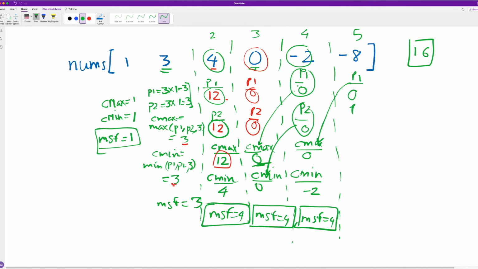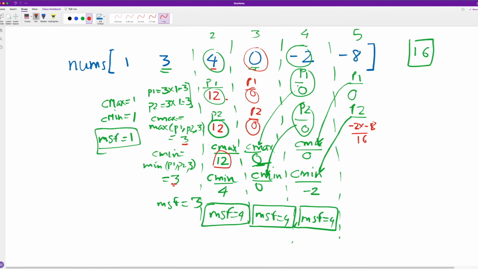And now let's calculate the second product, which is the number times the minimum product subarray at the previous index, which is now -2 times -8, and that gives us 16. So I hope it's clear now why it is important to compare not just the previous max product and minimum product, but also compare it with the current number at the current index.